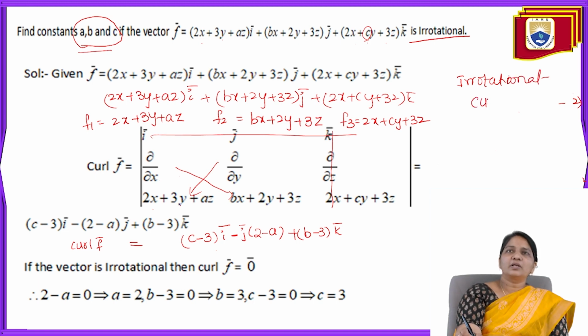Irrotational means curl f is 0. So we have to equate this value to 0 according to the given data.